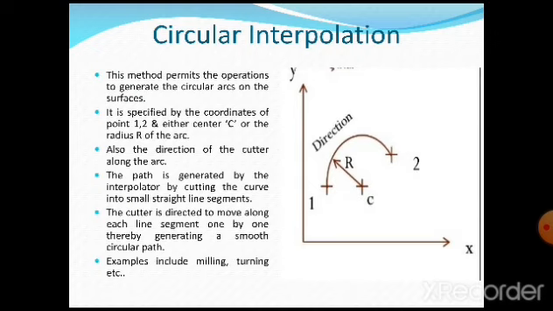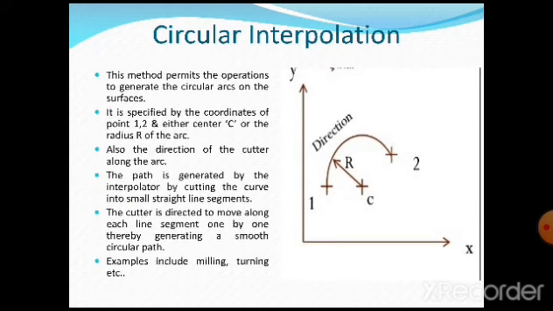Whenever I want to generate the circular arcs on the surfaces, then I require to define so many things here. It is specified by the coordinates of point 1, 2. As you are going to see clearly on the right hand side, point 1 is there, point 2 is there. You are going to see clearly the radius R, and also the center C of that arc, and also the direction of that arc.